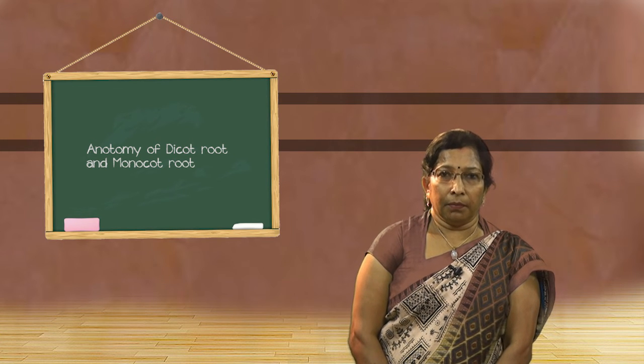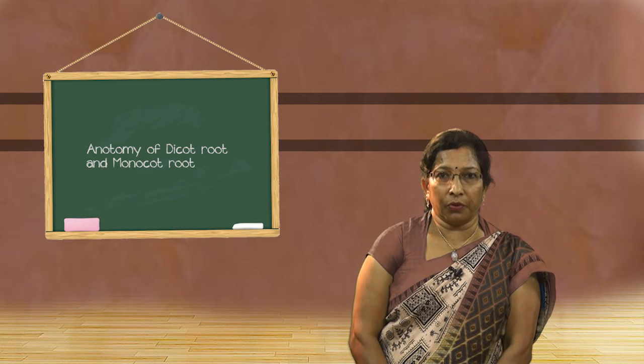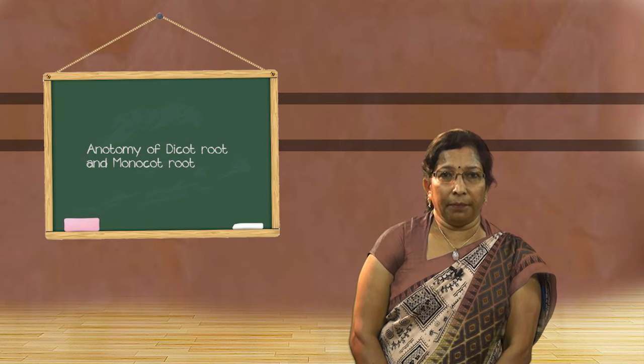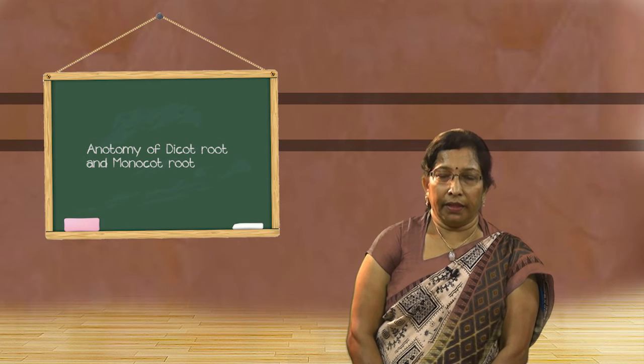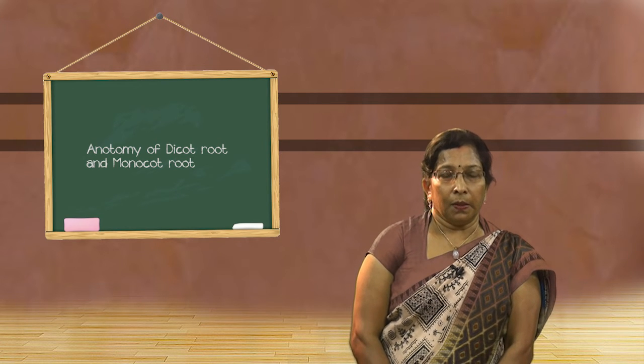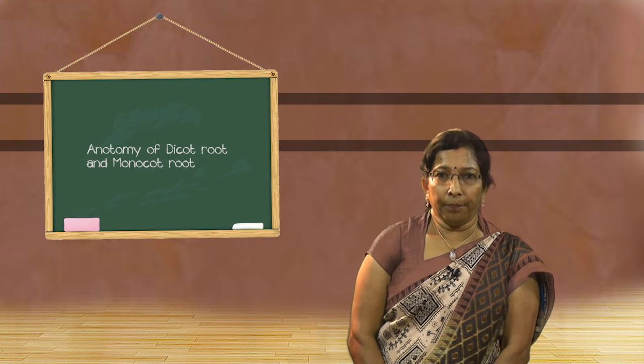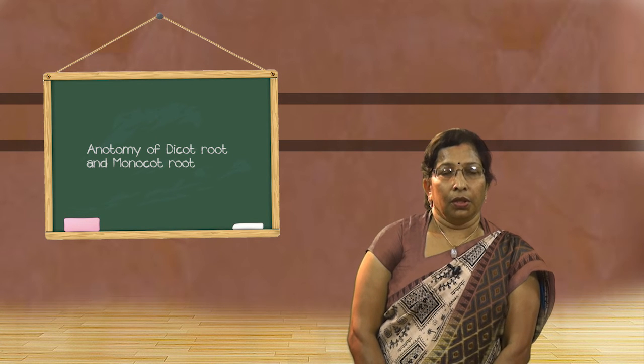Here there is only a single large metaxylem element with two small protoxylem elements. Just opposite to the protoxylem elements, there is a passage cell in the endodermal layer.